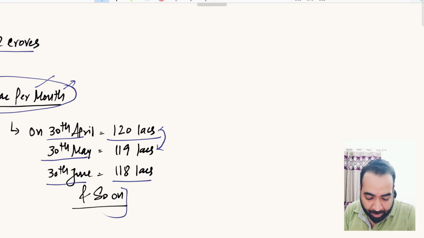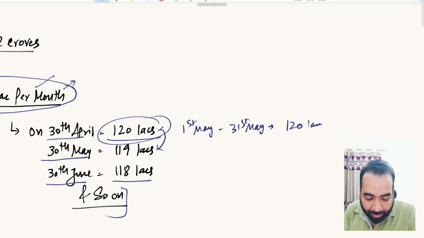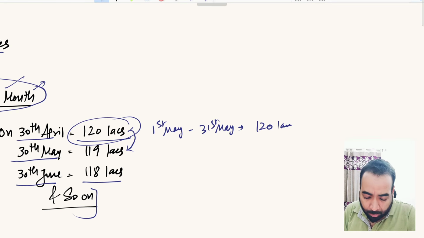Suppose on 30th April your limit was 120 lakh. So during 1st May to 31st May, you can use the limit up to 120 lakh rupees, since your limit was set to 120 lakh at the end of 30th April. So what will happen on 31st May?